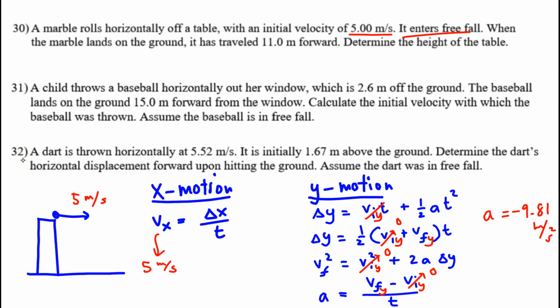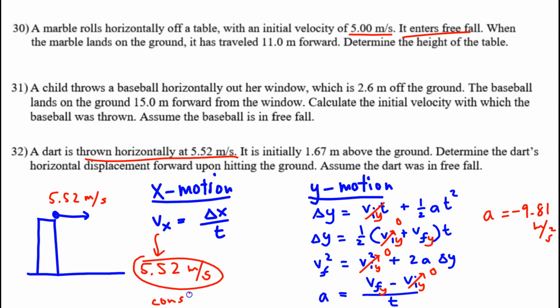Let's try 32. Okay, 32 says, a dart is thrown horizontally at 5.52 meters per second. Well, in that case, we would ask the same question. How much of that velocity is on the x-axis? All of it. So the x velocity is 5.52 the entire time it's in the air. This velocity is constant.